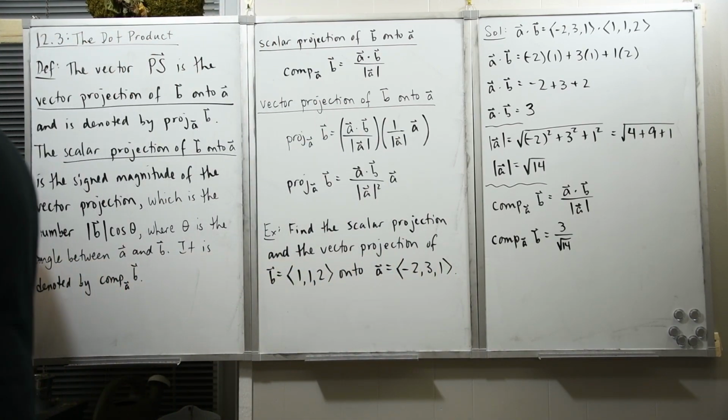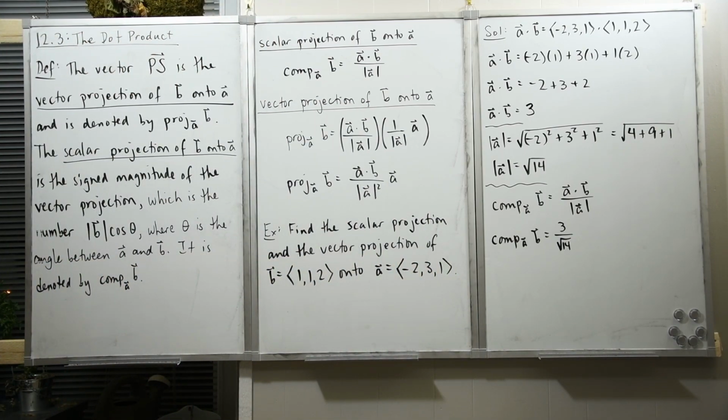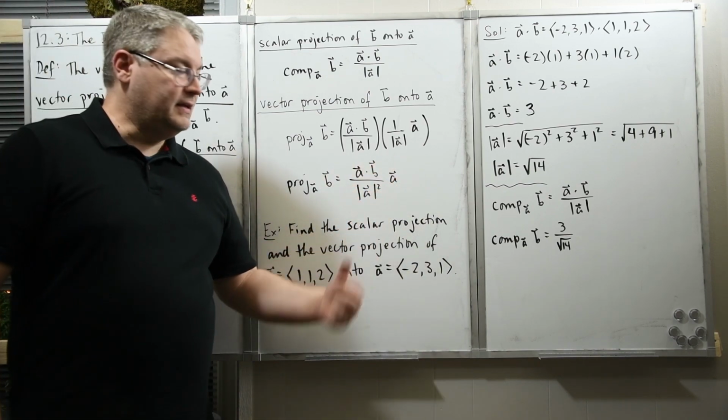So that means our scalar projection of b onto a is 3 over the square root of 14. That's the magnitude of our projection vector. Now you take the magnitude of that projection vector times the unit vector in the direction of a, and that's going to give us our vector projection of b onto a. Of course, that's all encapsulated in the formula that we have here.